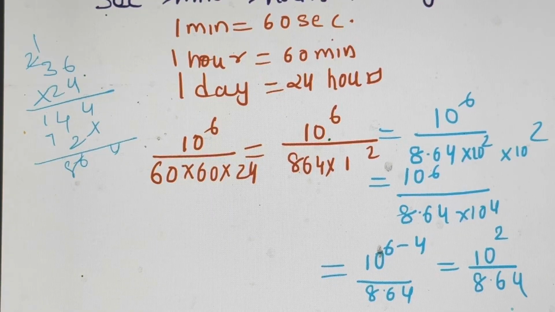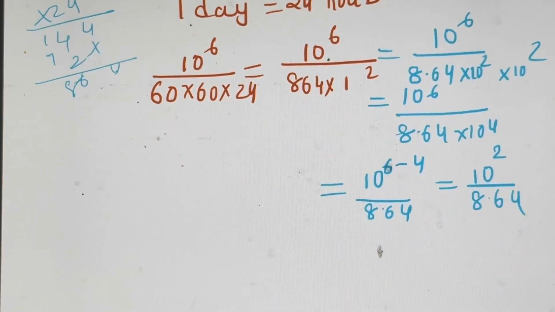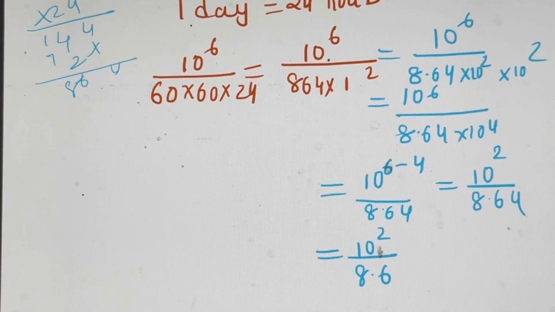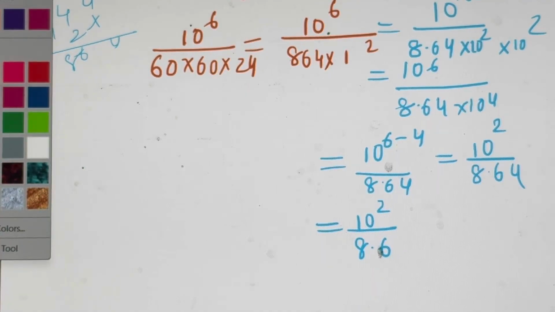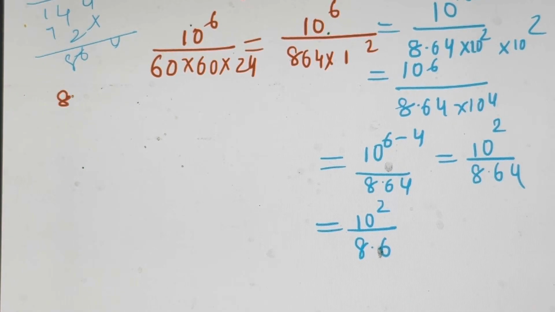What we can do for easier calculation is remove this third digit. We just write 8.6. We earlier saw it doesn't make much difference. So 10 square upon 8.6. We have removed this 4. Now we try to simplify it more. If we remove this decimal point, what is the fractional form of 8.6?